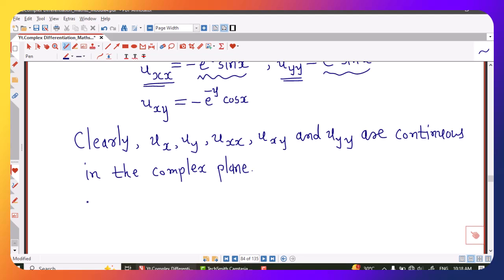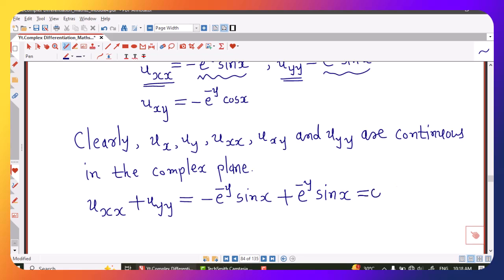So now we write down that del square u by del x square plus del square u by del y square equal to minus e raised to minus y sin x plus e raised to minus y sin x, and this is equal to 0 for all points xy in the complex plane.